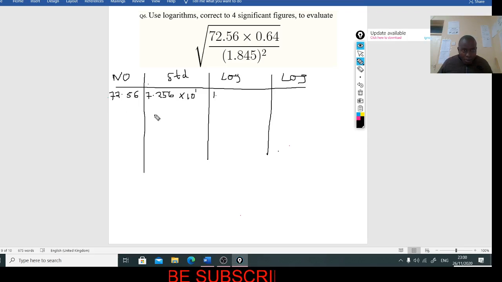So I read the logarithm of 7.25, and then on the other side, the column of 5, and then the part of 6, then I add. I showed you how to read the logarithm from the table. The logarithm of 7.256, if I read it, I'll find it to be 0.8607.